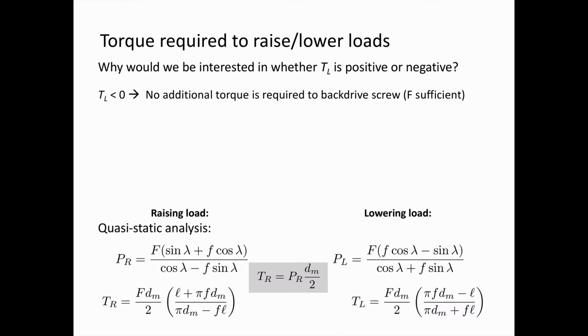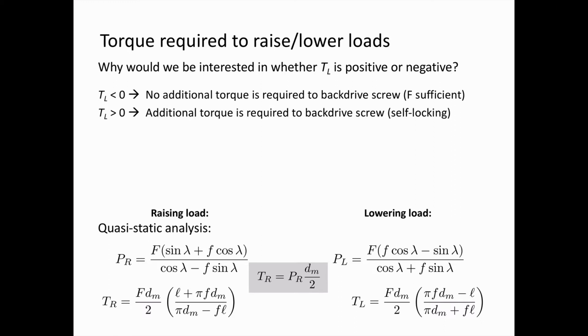If we have the case where this torque is less than zero, no additional torque is required to back drive the screw. Or in other words, the axial force that's being applied to the screw is enough to back drive the screw. So it's not self-locking.